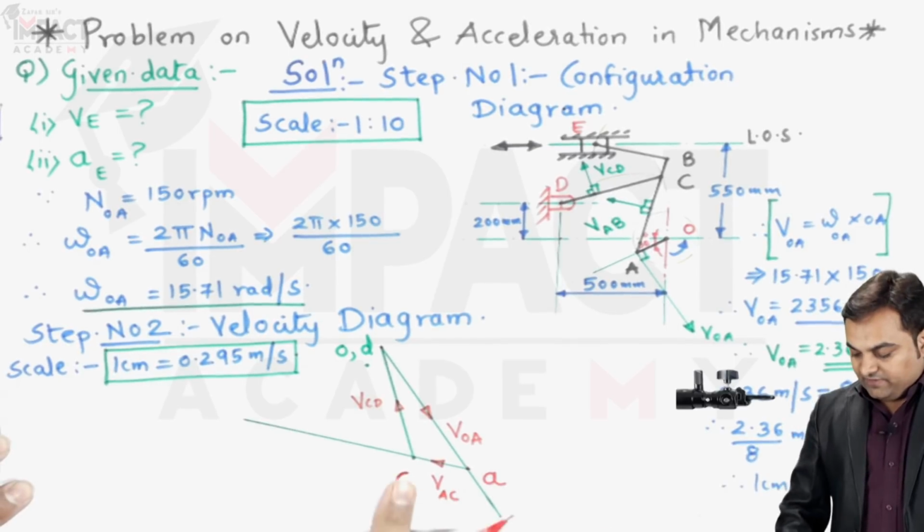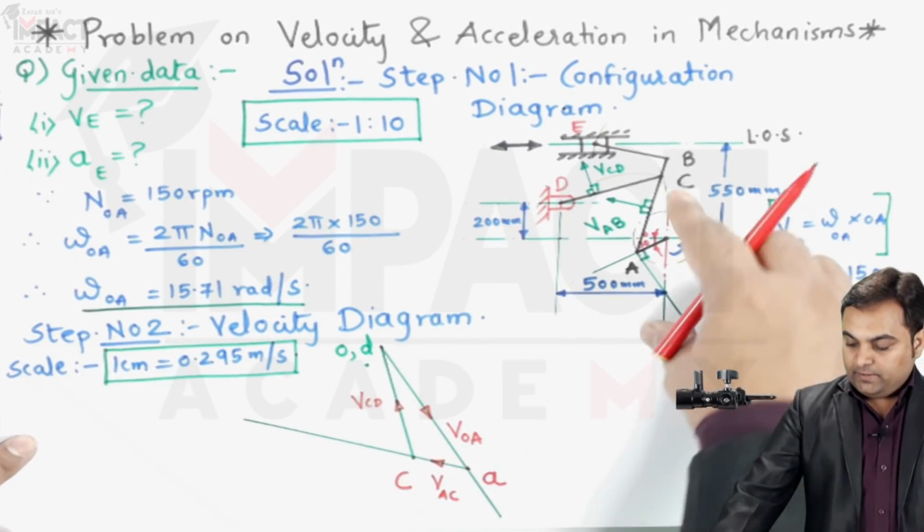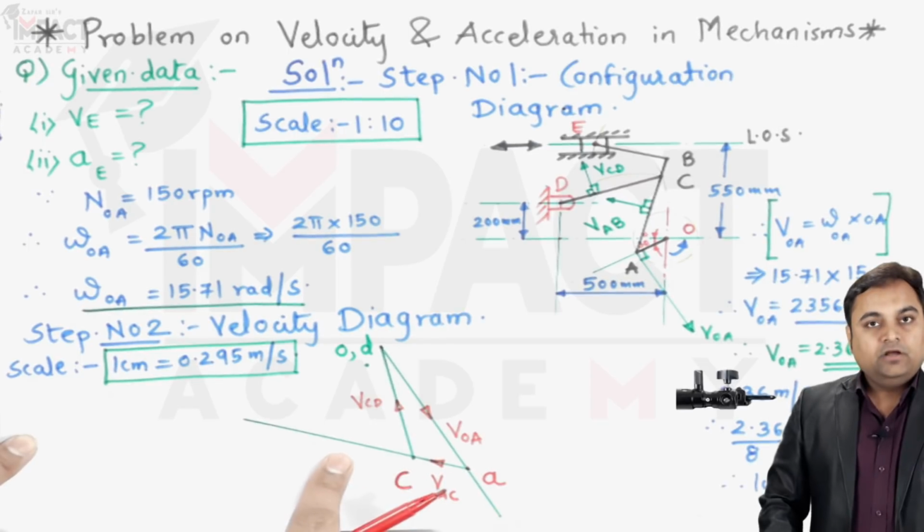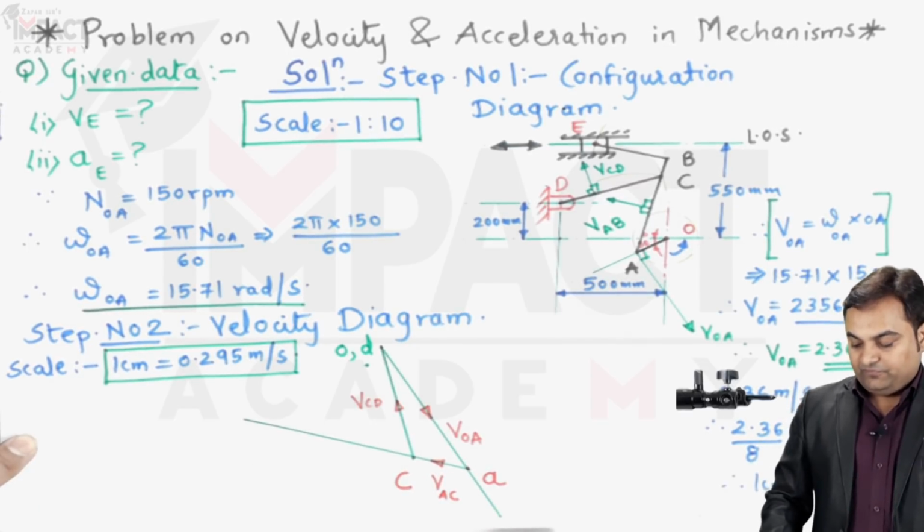Now once I have got point C, then B is on this same line which is passing through A and C. For that I would be using the concept of similarity.